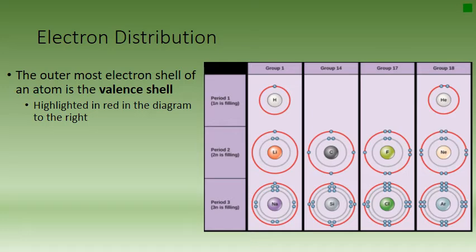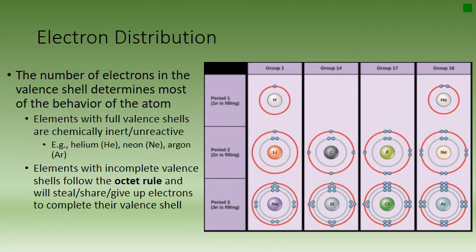This outermost electron shell is called the valence shell, and in the figure on the right of the slide, it is highlighted in red. So for period 1 elements, the first shell is the valence shell. For period 2 elements, the second shell is the valence shell. Period 3 elements, the valence shell is the third shell, and so on and so forth.